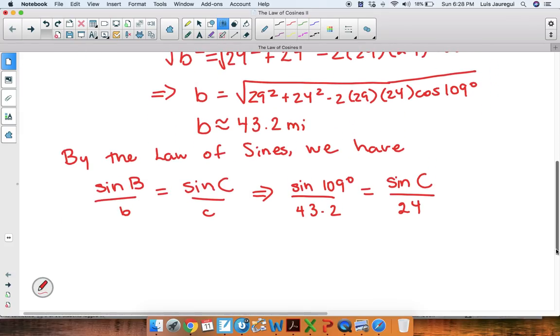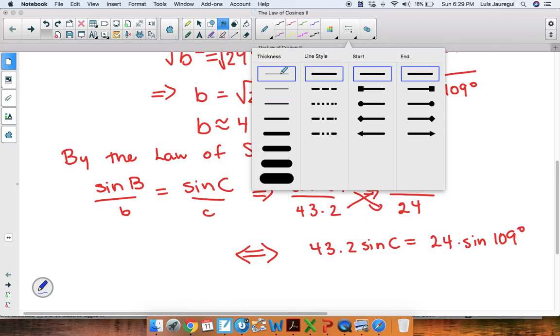Now what we're going to do, we're going to cross multiply. So this gives us the following equivalent statement. We have 43.2 times sine of C is equal to 24 times sine of 109 degrees. Now, since we want to get the C by itself, I'm going to get my sine by itself.